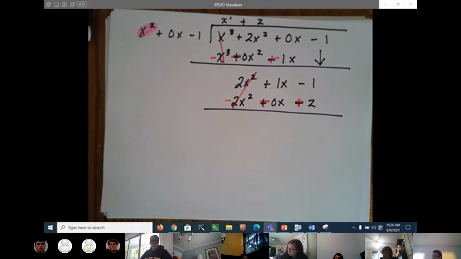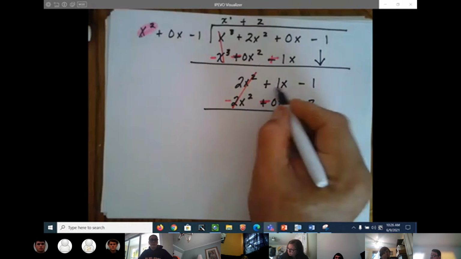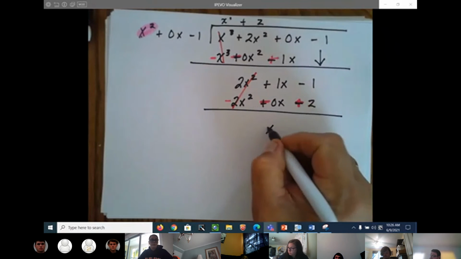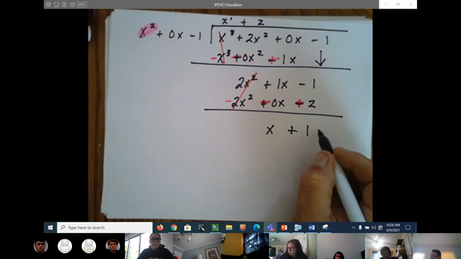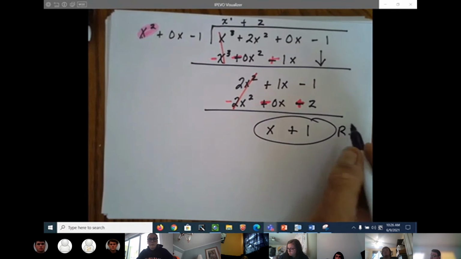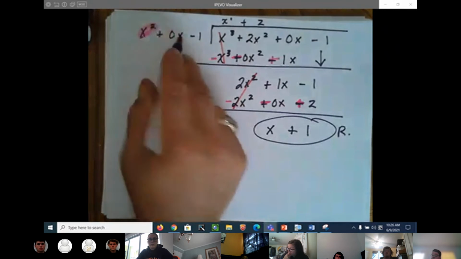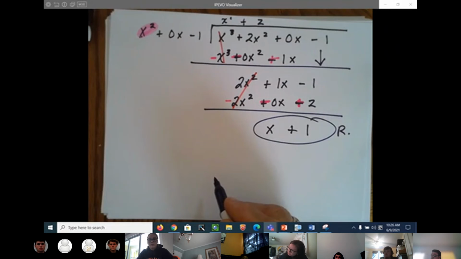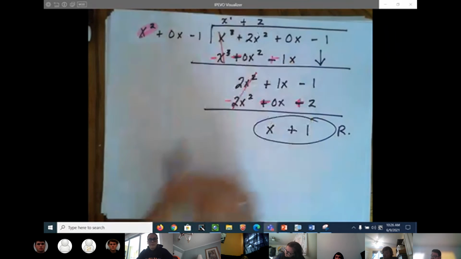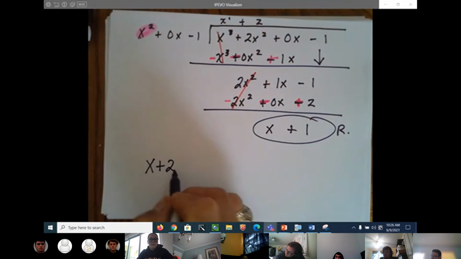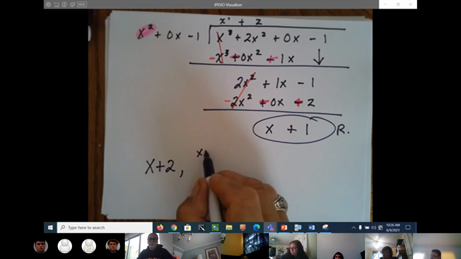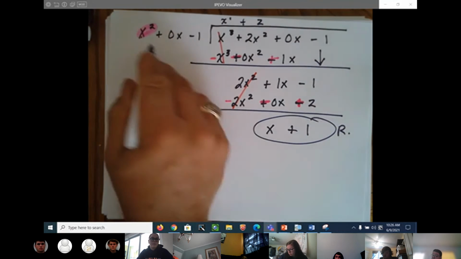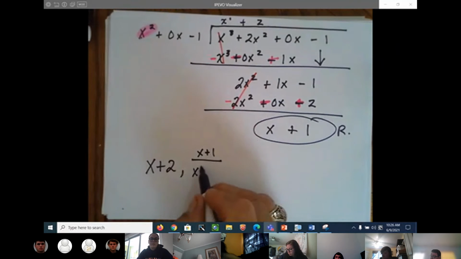And that leaves you with 1x minus 0x is x, and negative 1 plus 2 is 1, and that is your remainder, and it will go over your divisor. So your answer is x plus 2. They usually put a comma or a plus. I put a comma. And then x plus 1 over x squared minus 1.